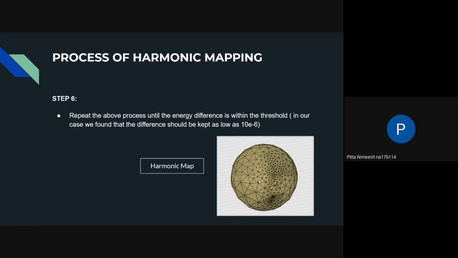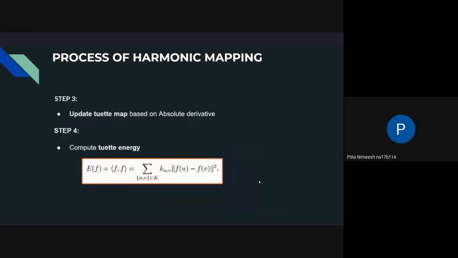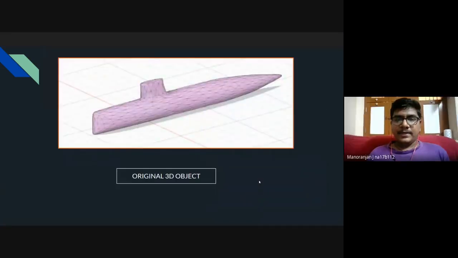Okay, so basically, multiple harmonic mappings are possible for the same 3D object if it is in a different orientation. Yeah.